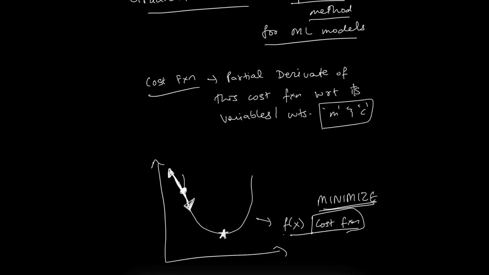Just gonna mark it with orange because this is our optimal point. We want to reach here. Initially we start with a point which is here, and when we calculate the gradient descent at this point it will give us something that goes down in this direction.